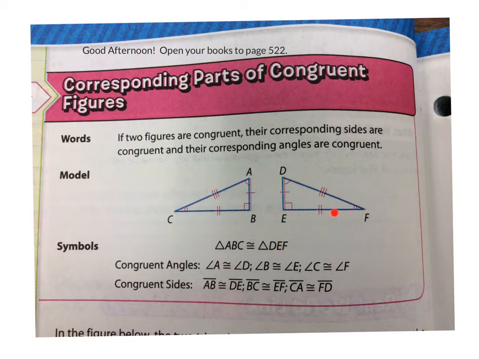Again, right here, they gave two lines showing EF and BC are the same. And finally, AC is going to be the same as DF. And if you look right here, AC has three lines, DF has three lines. All right, so all of that we know just from the fact that it said that triangle ABC is congruent to triangle DEF.